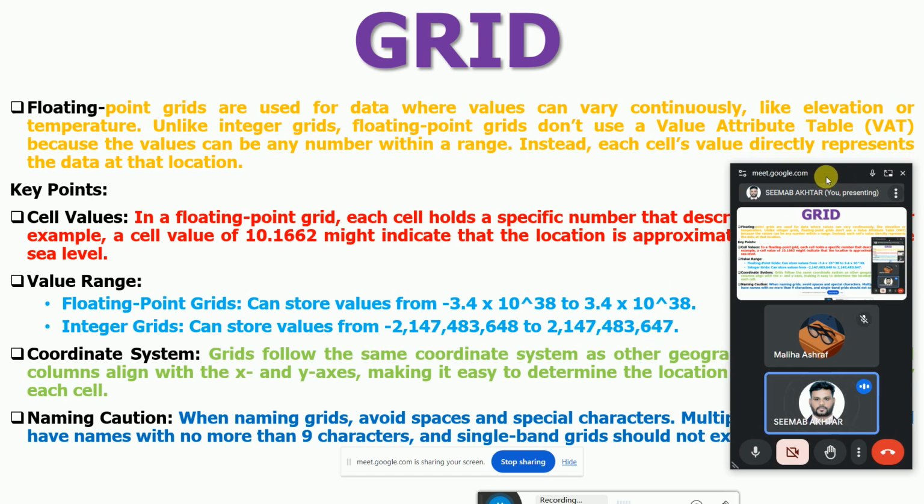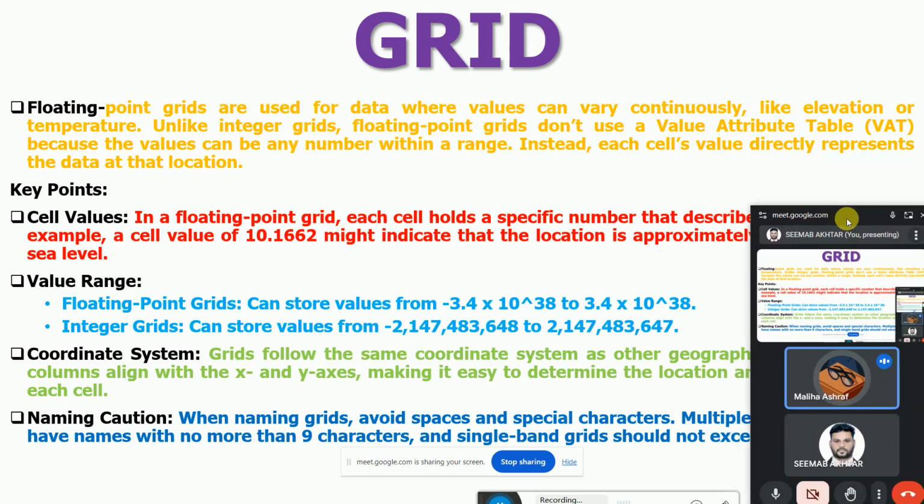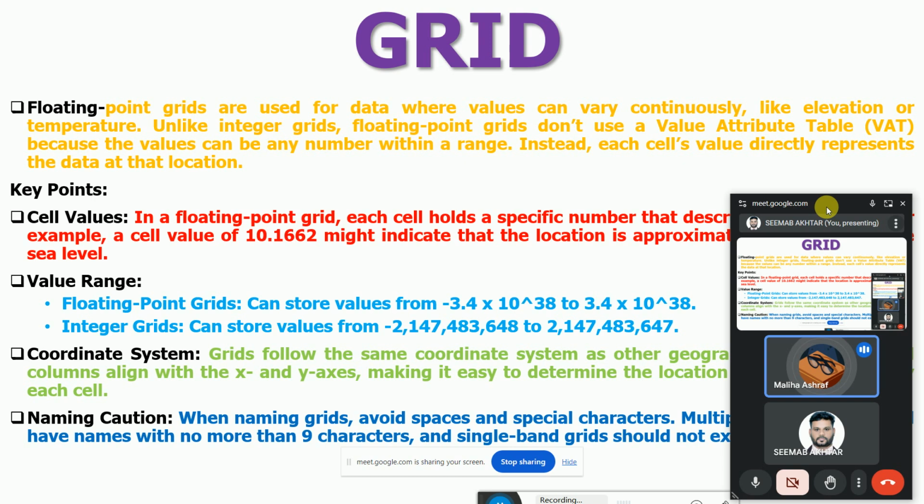Hello, are you getting this? Yes. Float means what? Float means decimal. How many decimals can be stored in this way? The decimal can be from minus 3.4 to plus 3.4 up to 10 to the power 38.